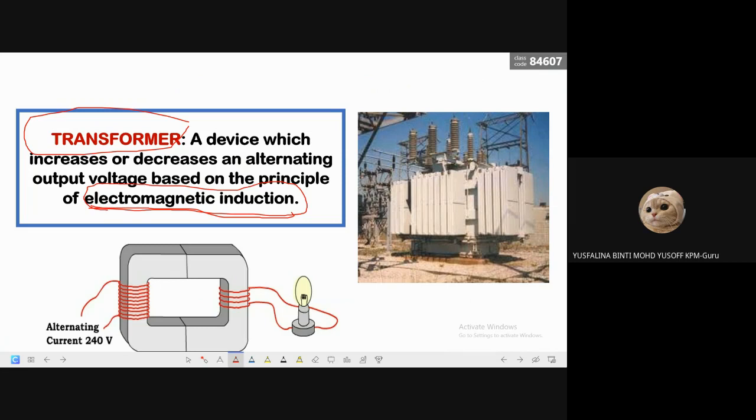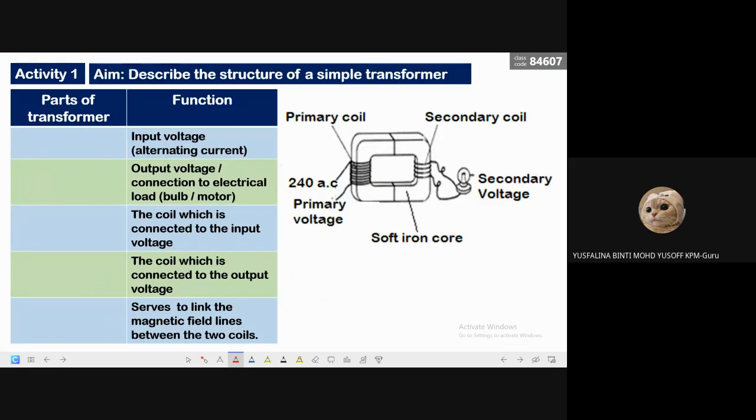So for the factory, of course, we need high voltage to function. Okay, this is actually the one that I will discuss already.